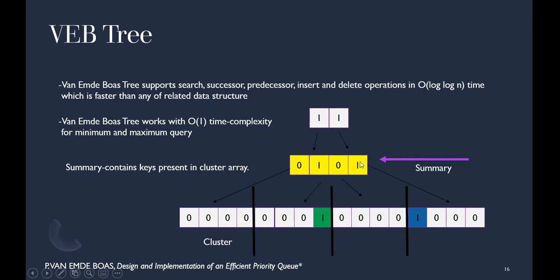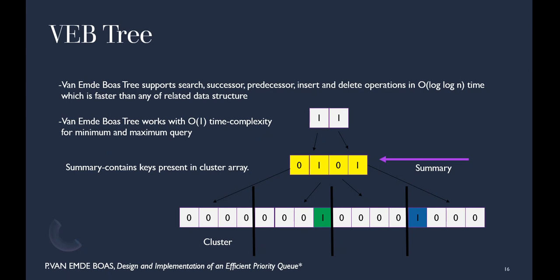This is called the summary, which contains keys present in the cluster array. Now, first we will look in the present cluster. If there is any key greater than the query key, then that will be the successor, so we return it.